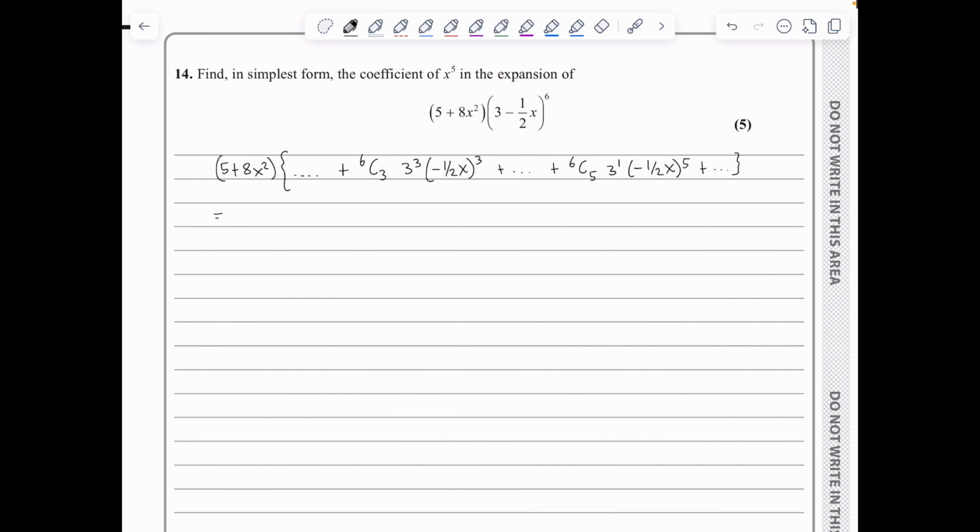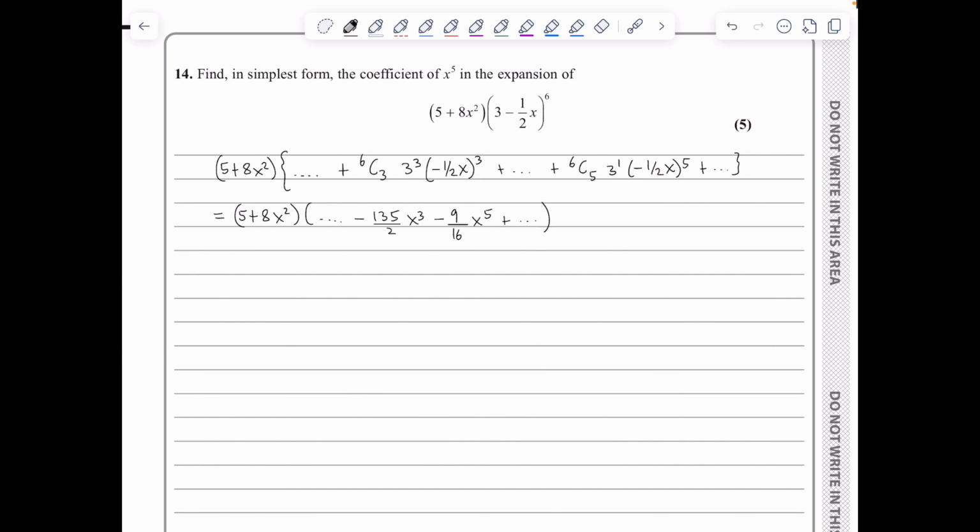Let me proceed by simplifying. So it's 5 plus 8x squared times dot dot dot minus 135 over 2 x cubed minus 9 over 16 x to the 5 plus dot dot dot.